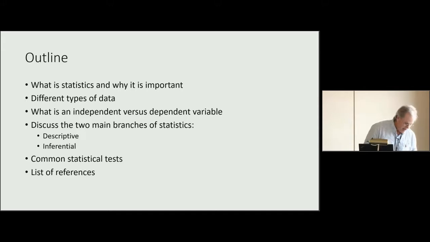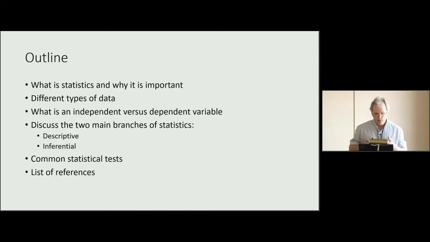So just by way of outline, I'm going to talk about what is statistics and why is it important, and talk about different types of data. This really drives the type of statistical method that we employ. What's the difference between an independent versus a dependent variable?